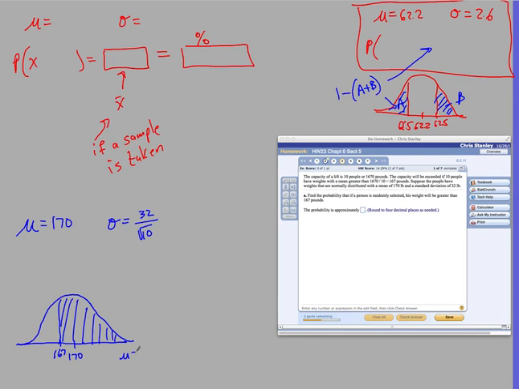Okay, so this is going to be mu equals, this is a review, you've done this already. That's the mean. The standard deviation is 32. So this is going to be the probability that x is equal to or greater than 167, and here's your answer.